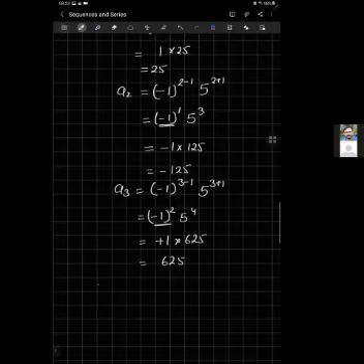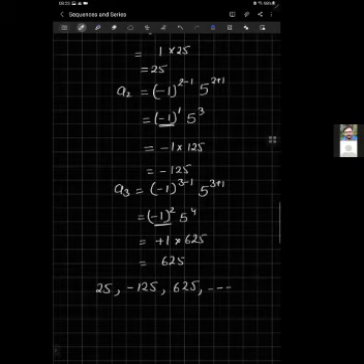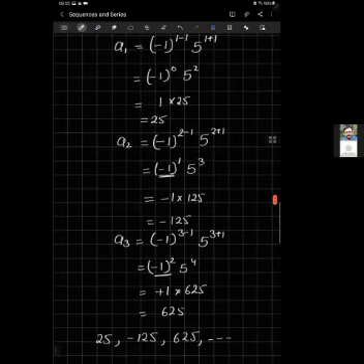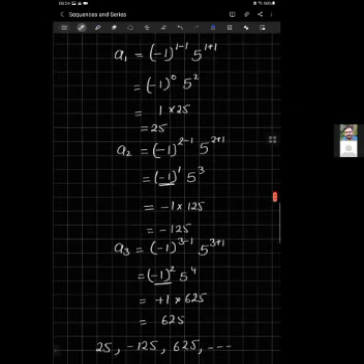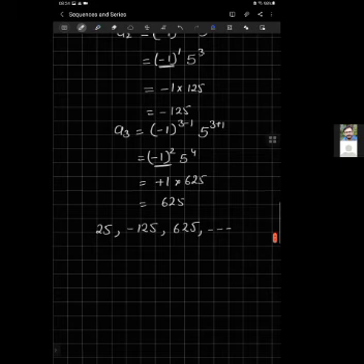It is 25, minus 125, 625. We were supposed to calculate three terms. As per the question, it is said we need to write the first 5 terms. But while solving, I said for you 3 terms. If more you are supposed to calculate, that is easily you will be able to do the question. Only the thing is you must be able to understand it.